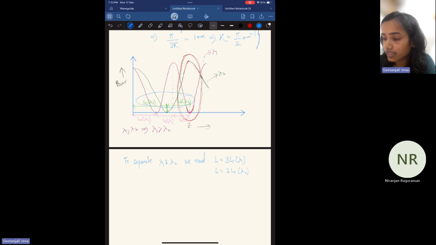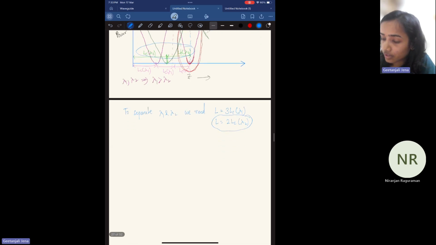So at this region, we will get a demultiplexing behavior. Lambda 1 will go through one port and lambda 2 will go through the other port. We will use this condition to get the nearest wavelength that can be multiplexed or demultiplexed along with lambda 1.